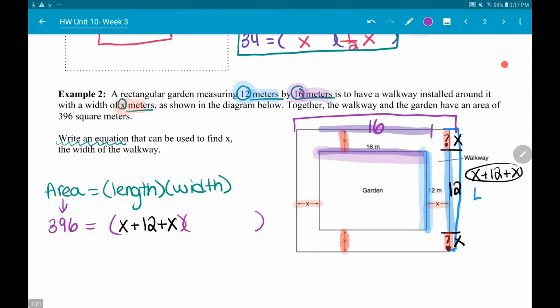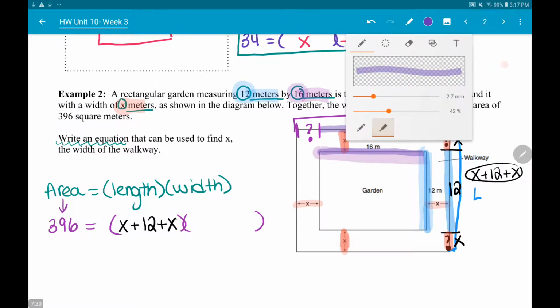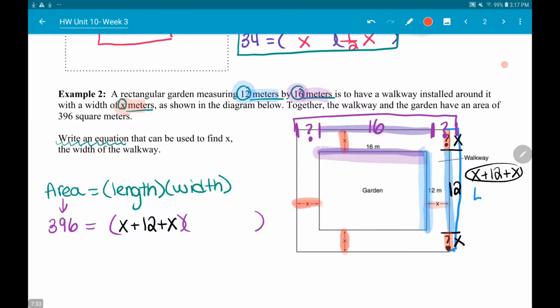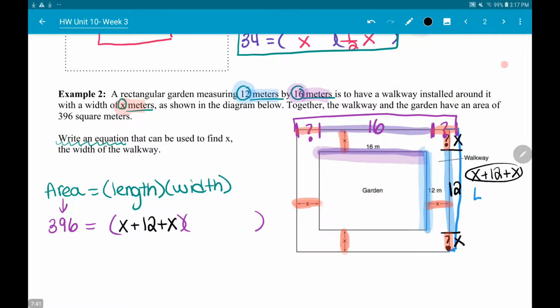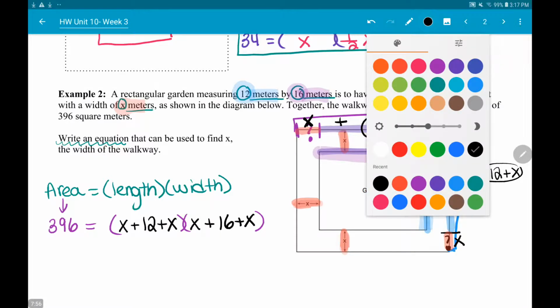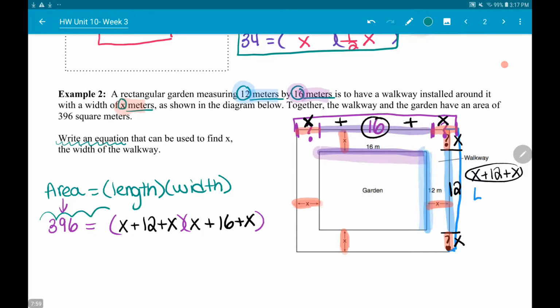Again, I don't know this side part and this side part, but I do know that it's missing, and we're calling that x. So our width is x plus 16 plus another x. There we have it. There is our second equation.